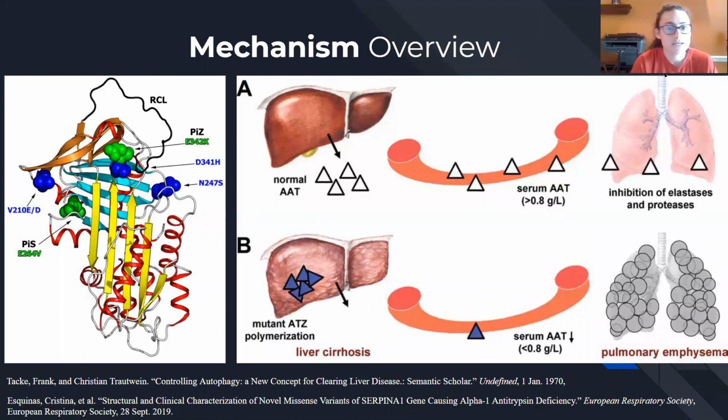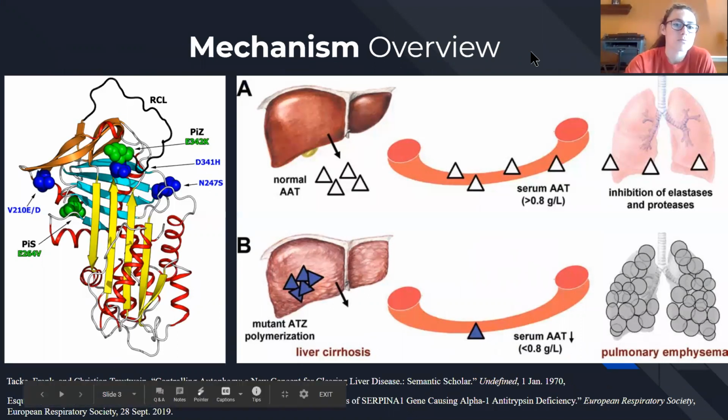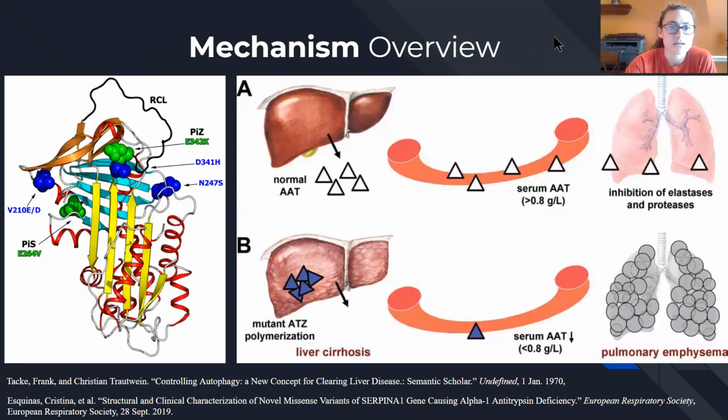As I mentioned, it's caused by mutations in the AAT protein, which you can see in the left image. The first and most common mutation is the Z allele mutation, and it causes the most severe symptoms. Because of its location, as you can see in the image, it cleaves the beta sheet A in the reactive center loop, which opens it, and the beta sheet A can then polymerize with the reactive center loop of another AAT protein in the liver.